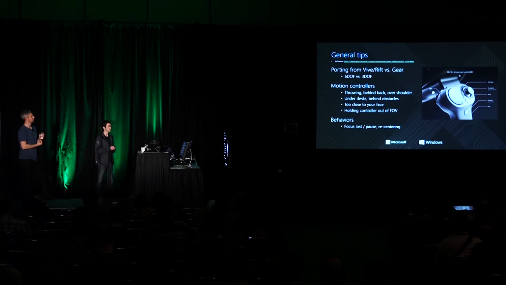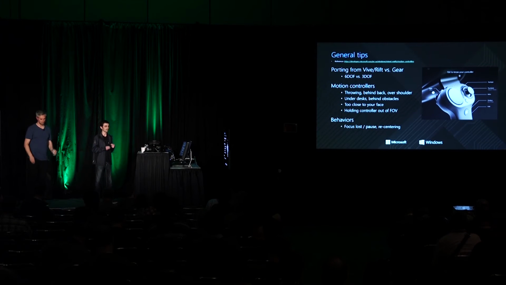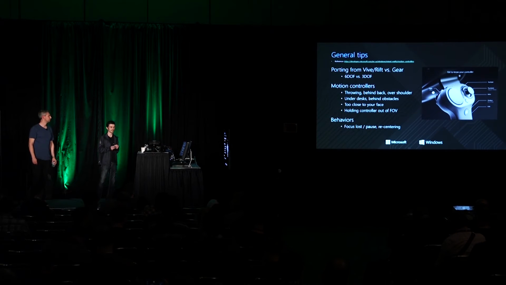But if you're coming from something that's more of a 3 degrees of freedom system, say Gear VR, even though you might think, great, I've got this application that's designed to run on a mobile device and it's going to be easy to port to different platforms and run on as wide a PC configuration as possible, you have to consider that if people are used to having a fully movable, fully articulated experience that you don't have with yours, there's more work there.